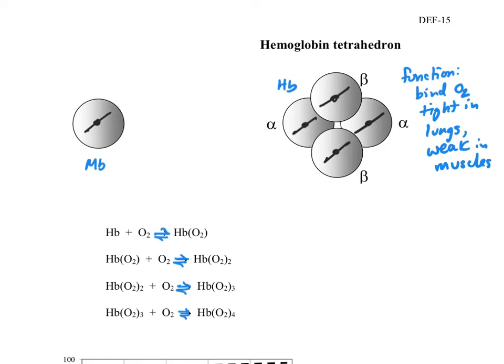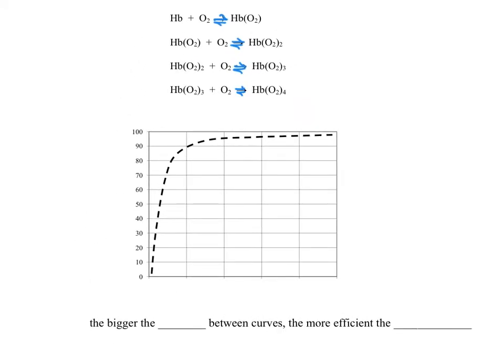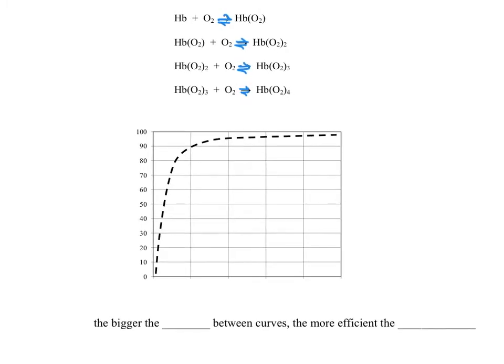So let's go down to the bottom of the page and consider how this is going to work with the oxygen saturation curve. Let's put it down here like we did on the other page. This is the percent saturation from 0 to 100% for any particular molecule that we're interested in with regard to how much oxygen is bound. Let's put that down, percent oxygen saturation. Over here on the x-axis we have the PO2 in torr, and that goes from 0 to 100, coincidentally.